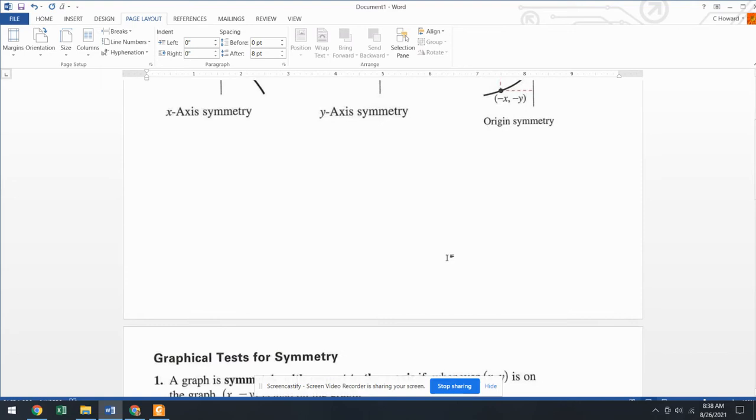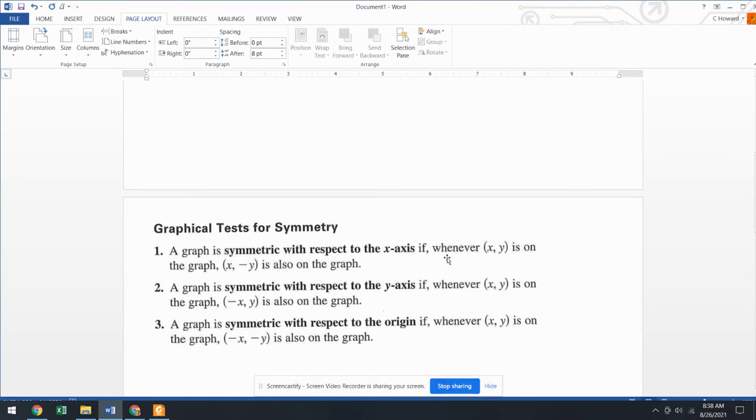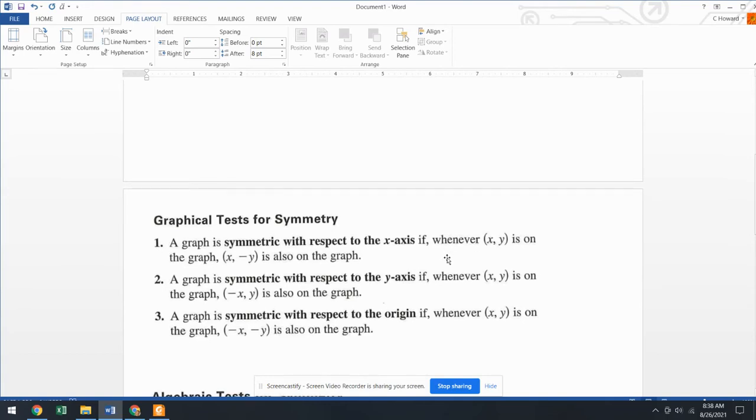In our textbook, they have this language, graphical tests for symmetry, and you have to know how to dissect what they're saying. So statement 1: a graph is symmetric with respect to the x-axis if when you put in (x, y), it is on the graph as (x, negative y).